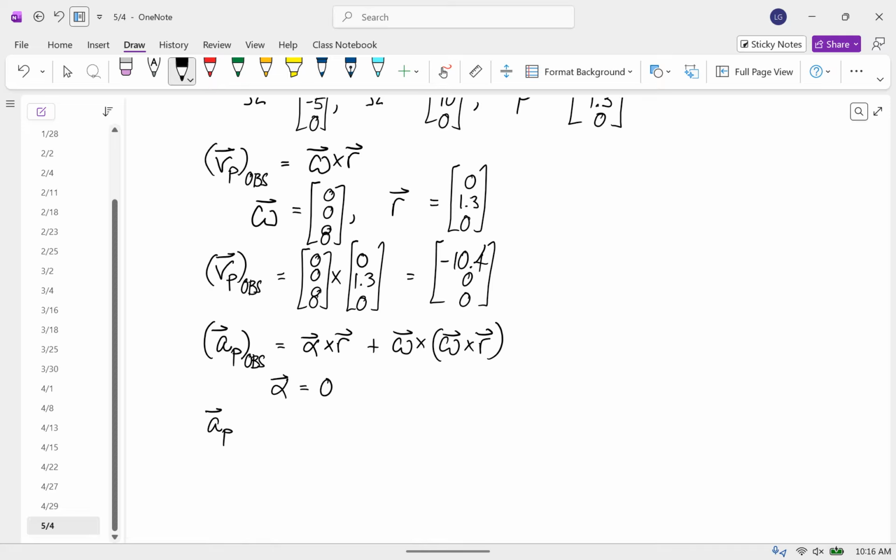So the acceleration of p that's observed is equal to this thing that goes away, plus 0, 0, 8 crossed with the quantity 0, 0, 8 cross 0, 1.3, 0.